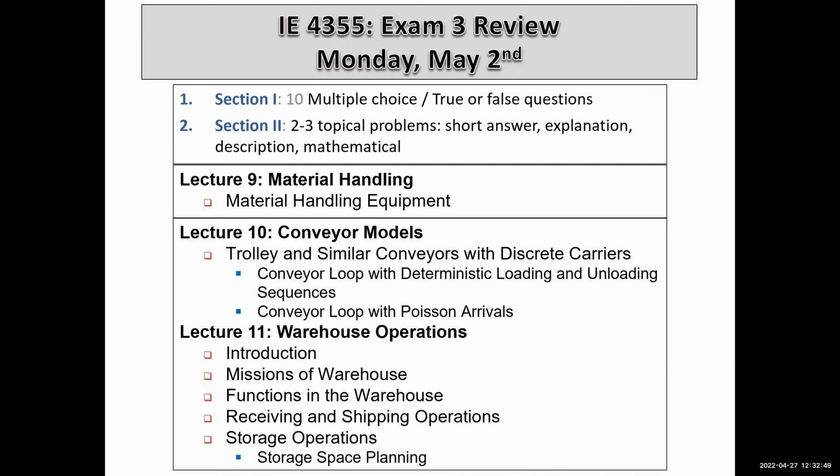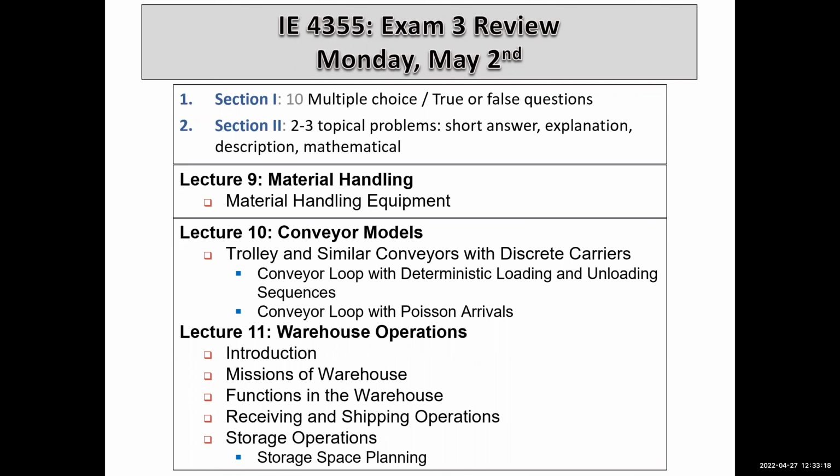So this is a long lecture, but again, it's important for you to remember when you will use every type of material handling. So we described 3 main groups: the conveyors, the transporters, and the cranes. And we spent some time discussing when to use each one of them. So it's important for you to remember those details.